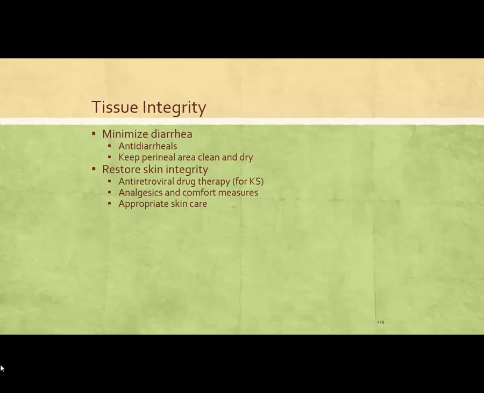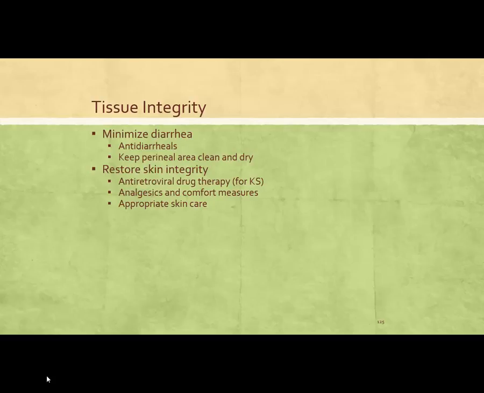For tissue integrity, they do have several bouts or complications of having diarrhea. So we'd like to make sure that if they are incontinent, that we are maintaining good skin integrity by the use of perineal cleansing, keeping those areas dry, changing wet linens, those such things.